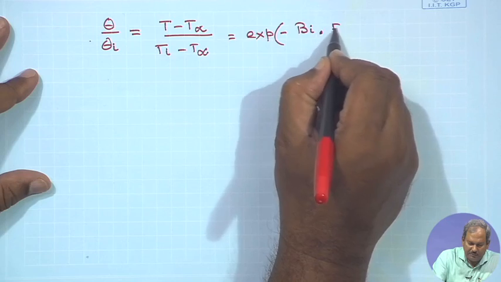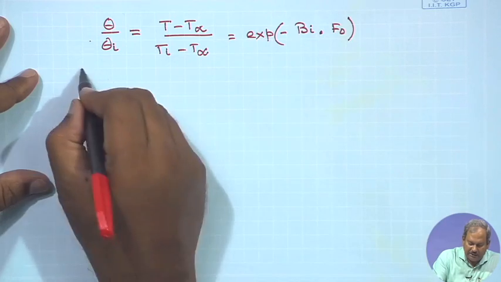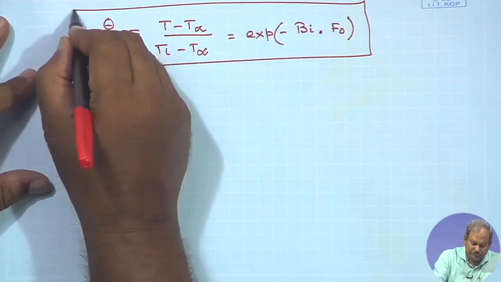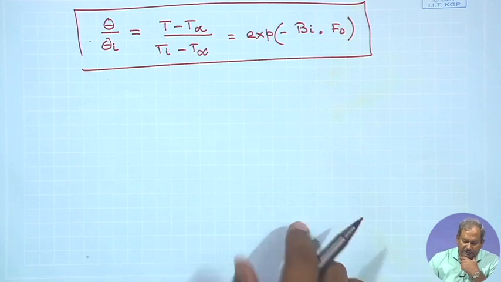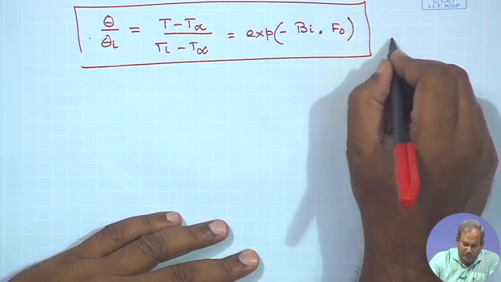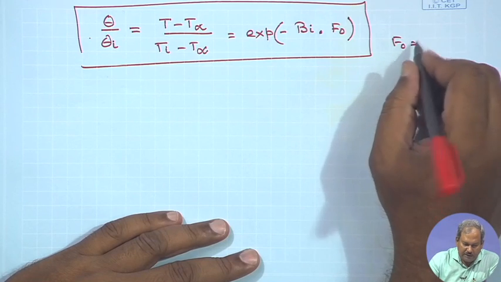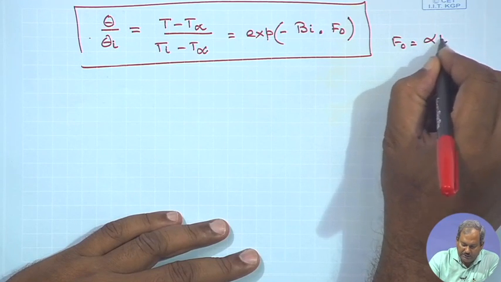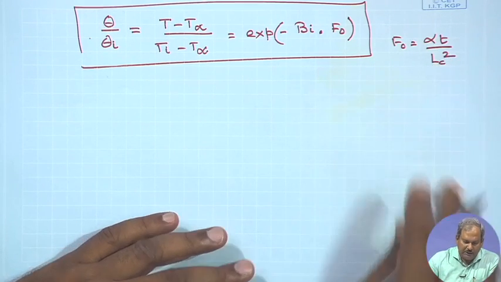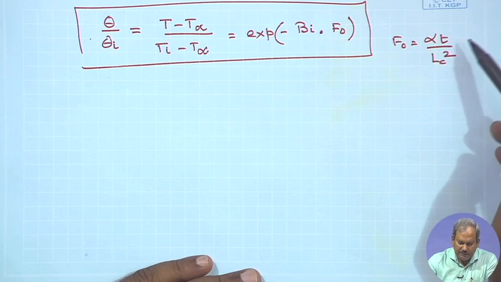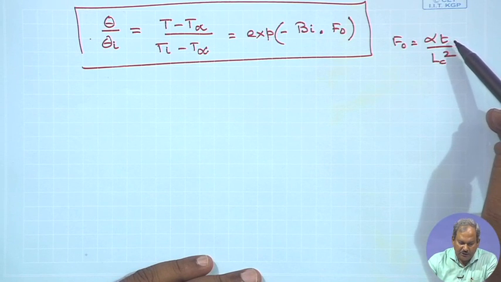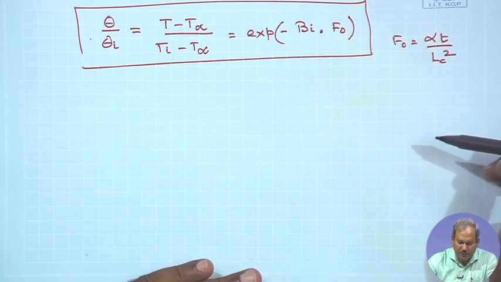One is a Biot number and the other is a Fourier number. Fourier number is alpha t by L C square. So, the Fourier number compares a characteristic body dimension with an appropriate temperature wave that penetrates. So, it gives you how fast the temperature wave will penetrate into the depths of the solid.